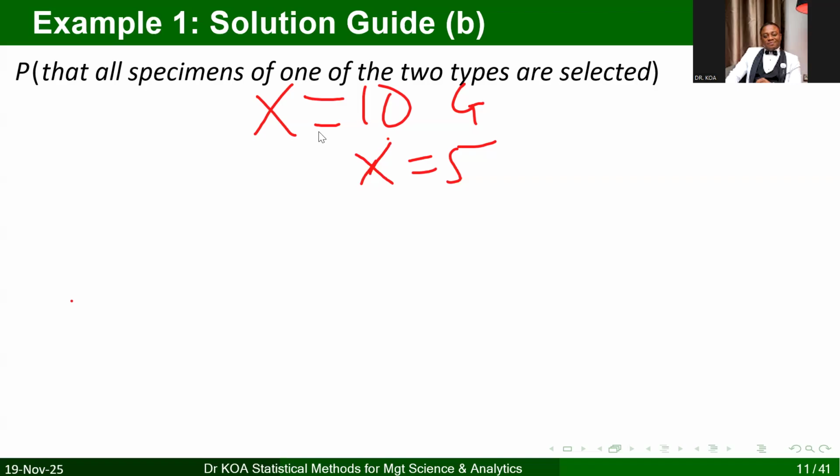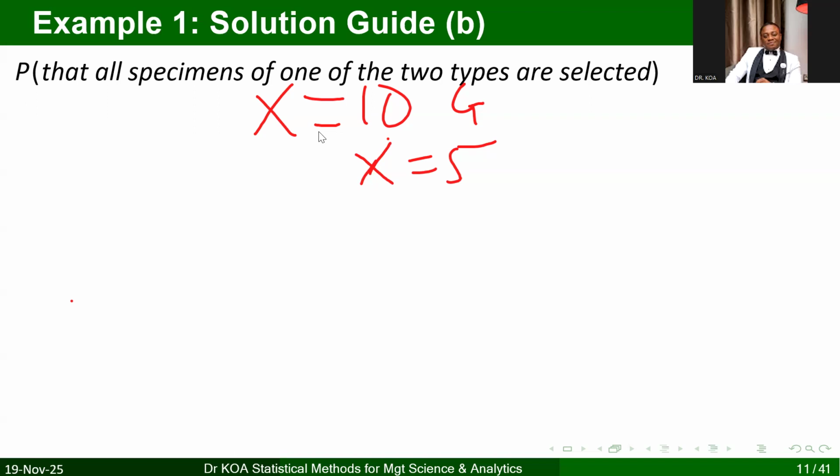In other words, the two events are mutually exclusive. That's what it means. Because once you are at a sample size of 15, once one is 10, the other is 5, isn't it? Yes. Once the other is 5, the other is 10.